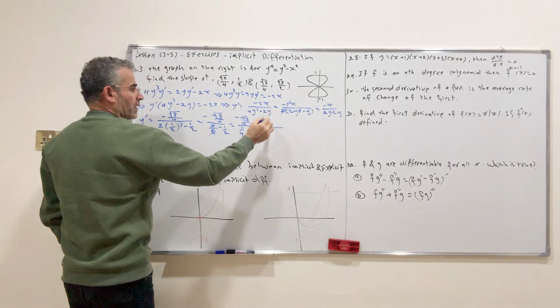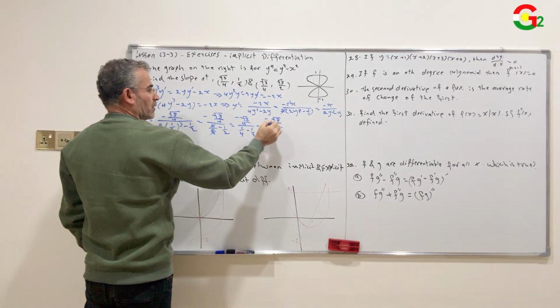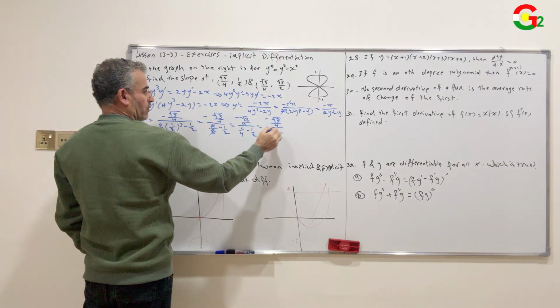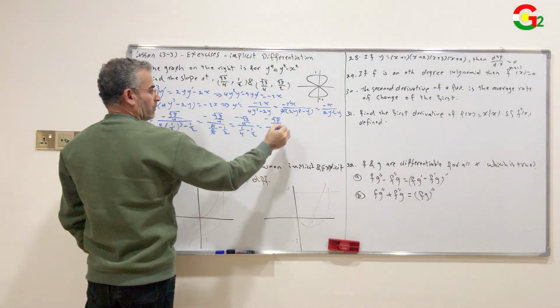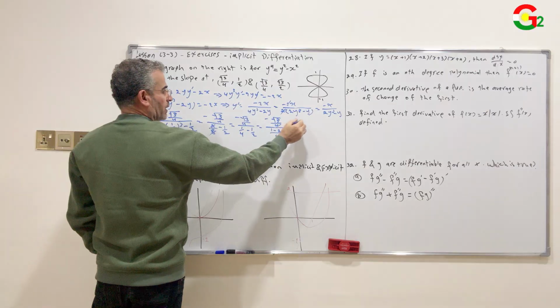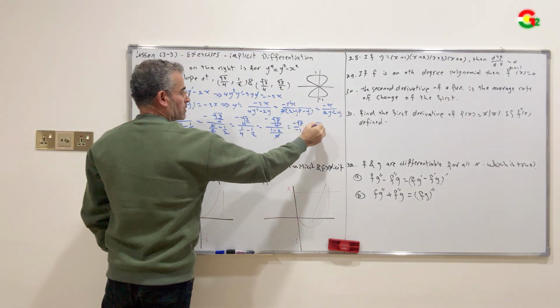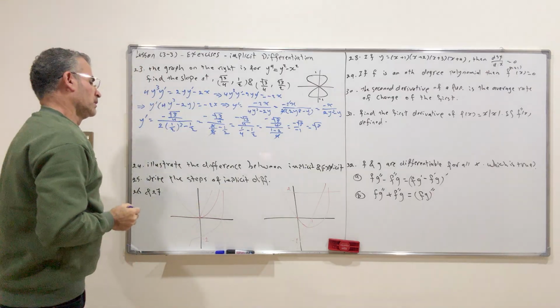With common denominator 4, it is negative square root 3 over 1 minus 2, equal to square root 3.